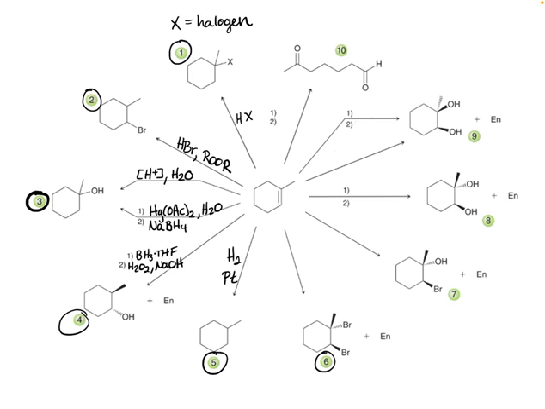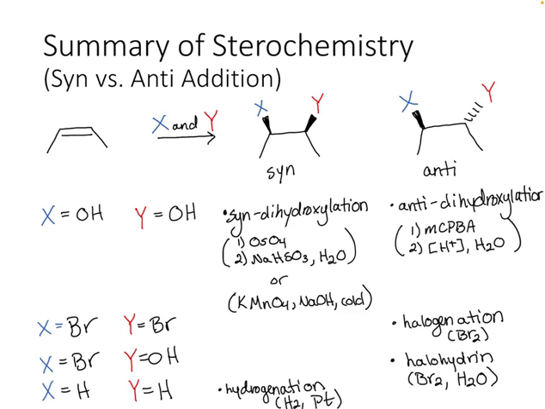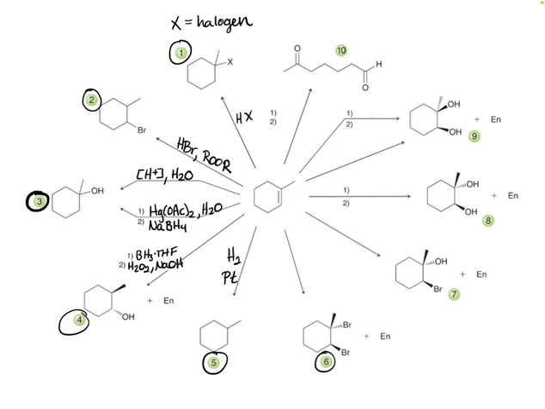Okay, so if this is anti-addition, I'm going to go to my anti versus syn chart. And okay, it looks like I'm performing a simple halogenation here under the anti category. So I'm just going to put Br2 there.